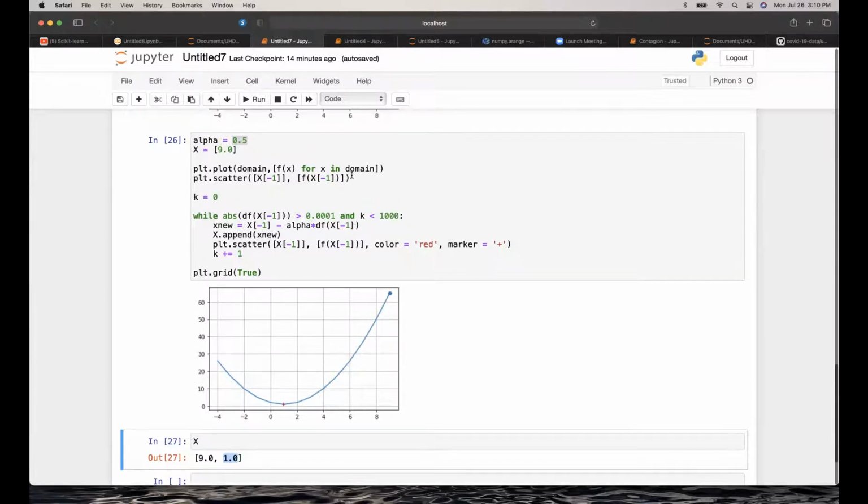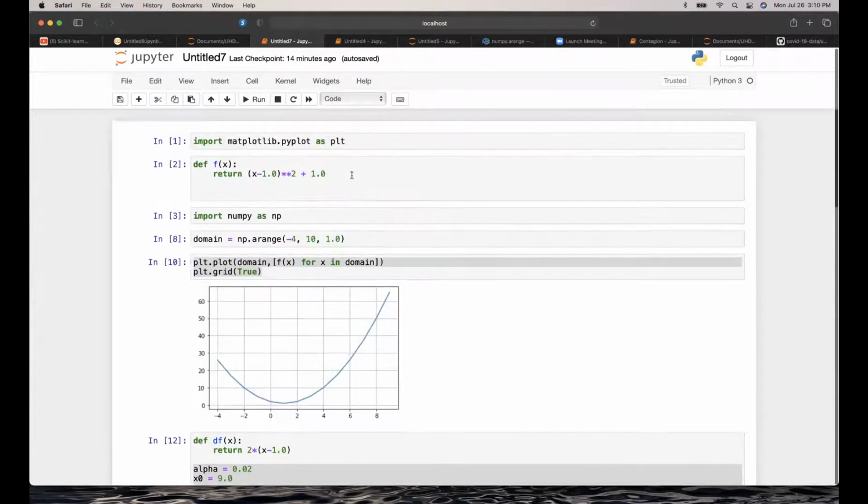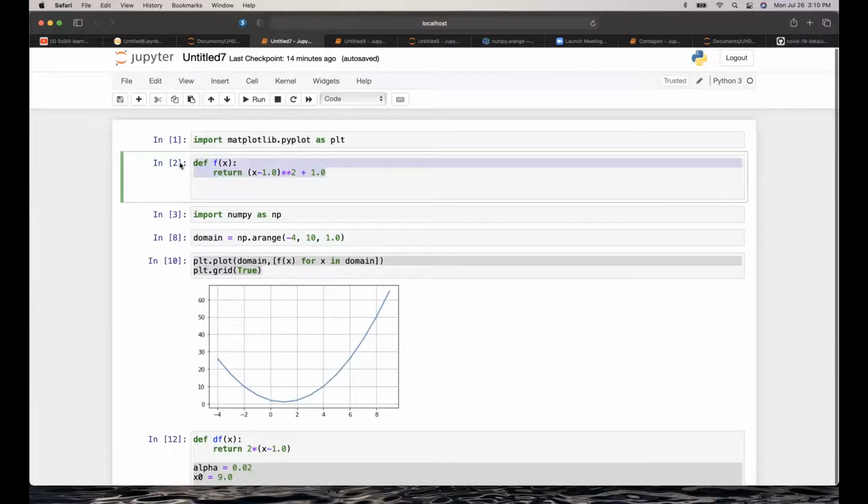So this function is kind of special in that it's so simple. Maybe we can make a more interesting function.